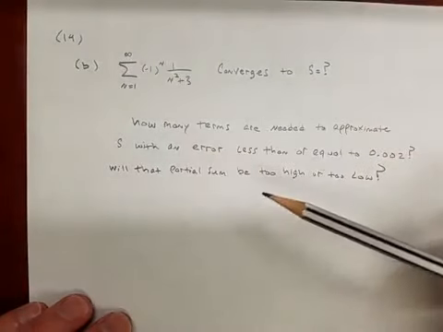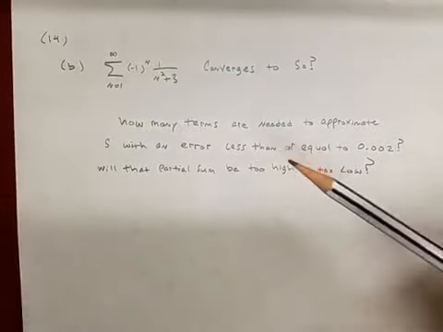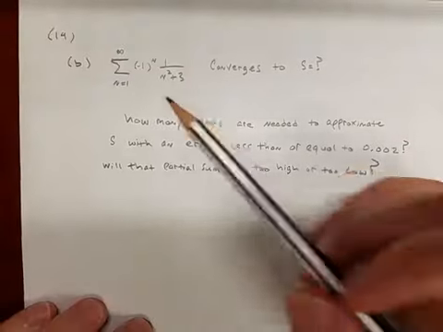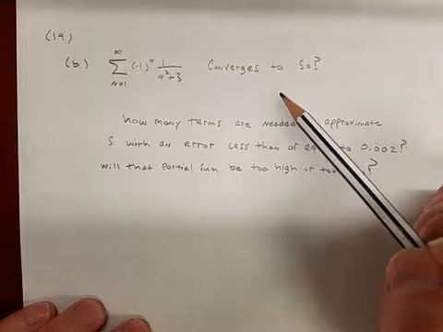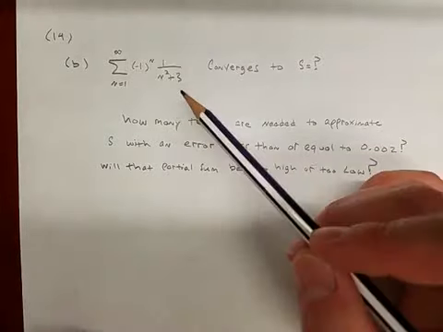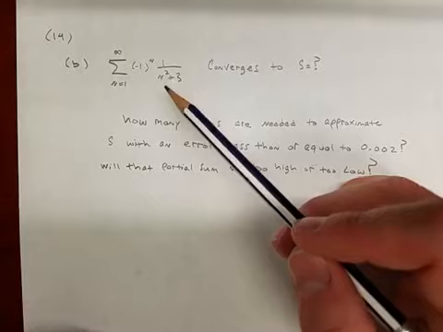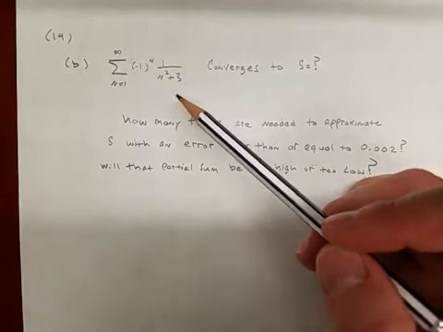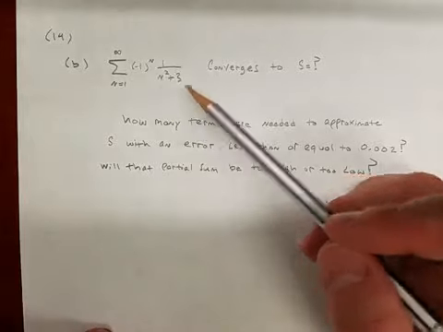Here's 14b, and it's got a similar setup to the others at this point, where I have an alternating series, it converges. How do you know it converges? At this point, can you look at that and tell that yes, it's alternating? If it's 1 over n squared plus 3, yes, the terms get consecutively smaller and they go to 0.